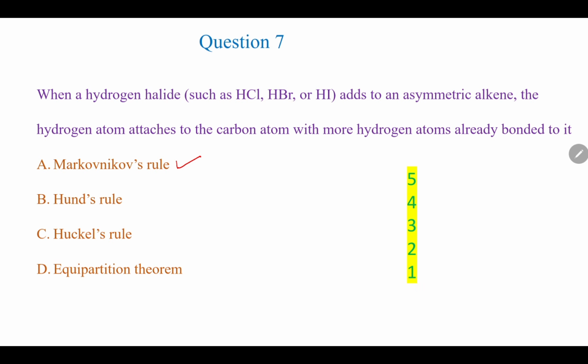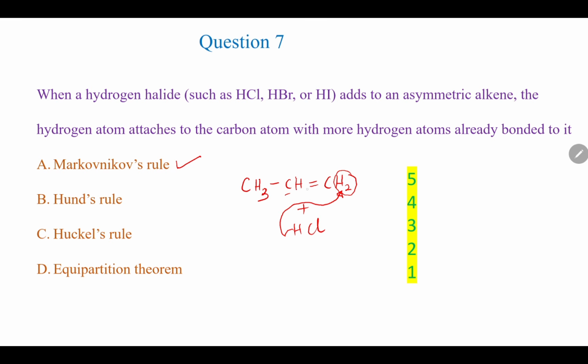It tells us that if you have an asymmetric alkene, maybe propene, and then you perform an addition reaction plus, let's say, HCl, then when this HCl adds to propene, the hydrogen atom will prefer to go to that carbon atom that already has more hydrogen atoms.